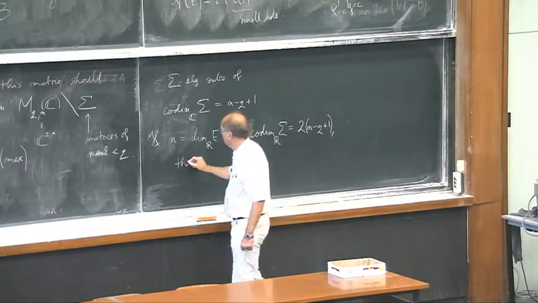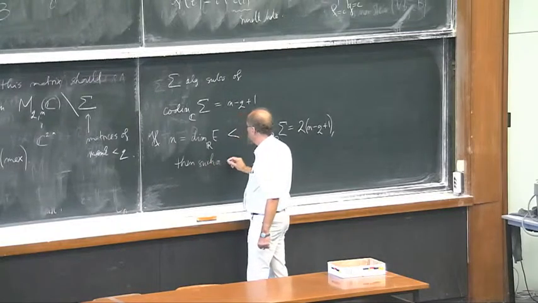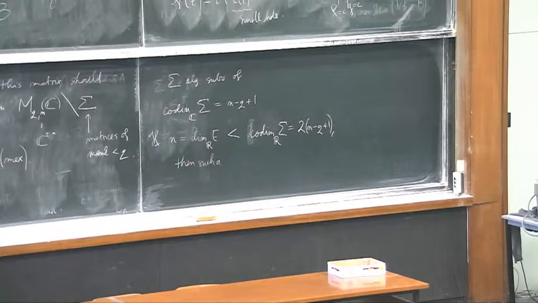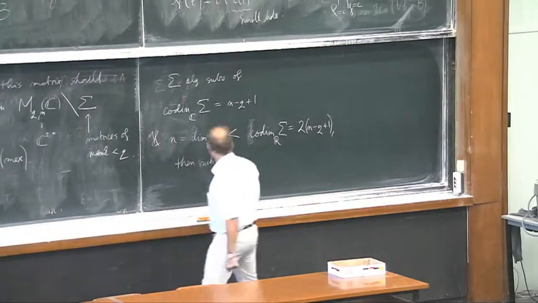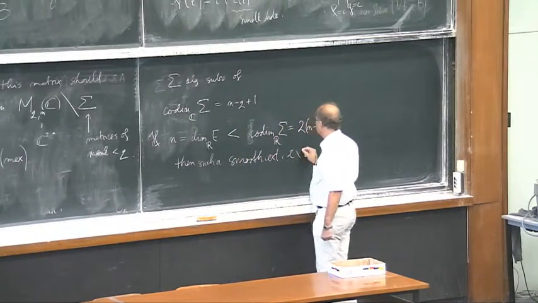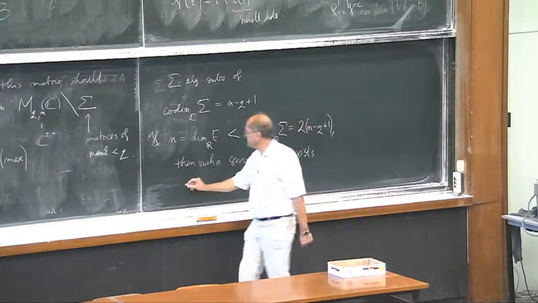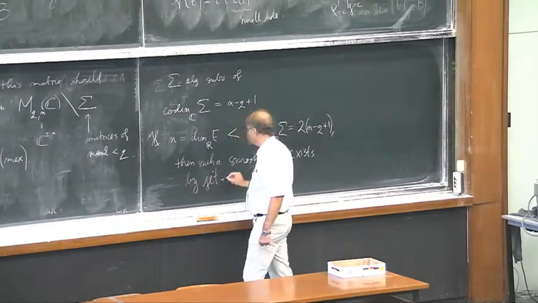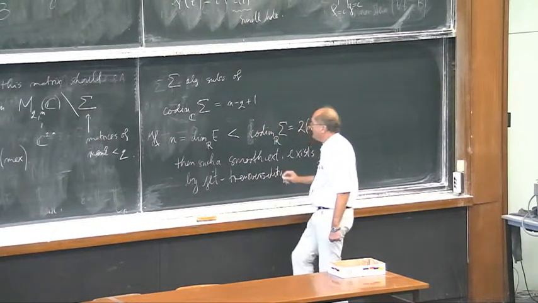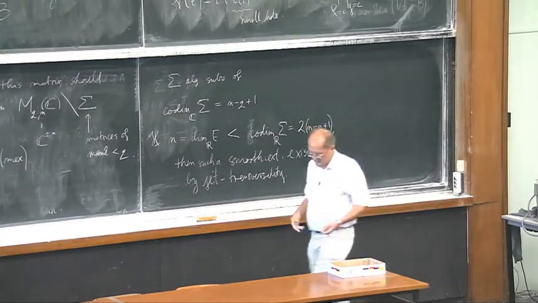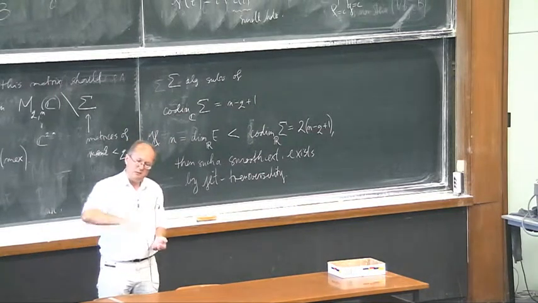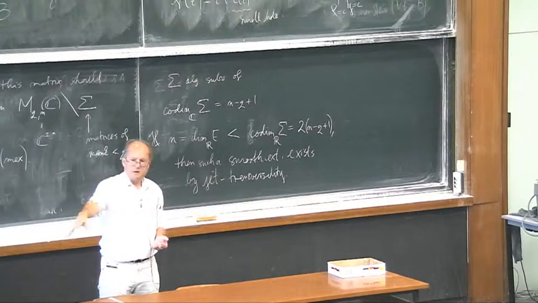then such an extension exists, and I'm looking for a smooth extension. I want to smoothly extend F. Such a smooth extension exists just by the transversality theorem, by Thom's jet transversality. Because what does the transversality theorem say? It says that if you look at a map from some manifold to some other manifold, then most maps will be transverse to some given submanifold there.